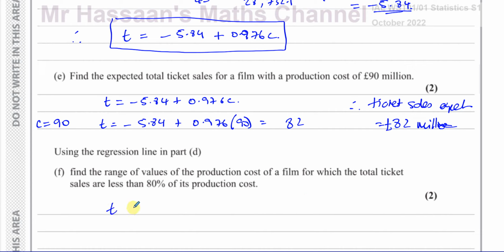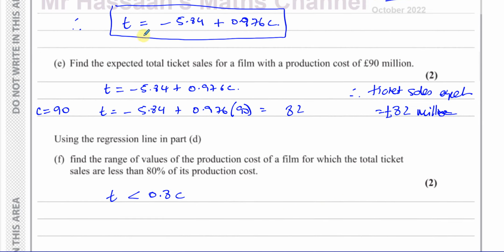So the ticket sales are less than 80%, which is 0.8 times C. So T must be less than 0.8C. So let's take the equation for T, which is minus 5.84 plus 0.976C, and find the values of C when this is less than 0.8C. If we solve this inequality, I think we've solved the answer.